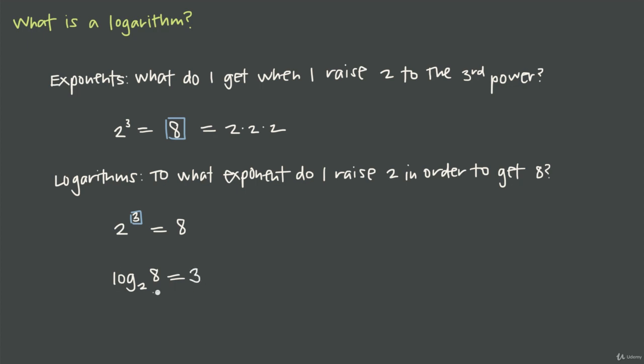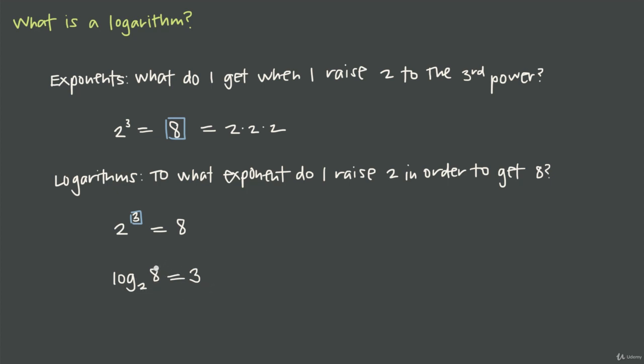So this log equation represents exactly the same thing as this exponential equation, 2 to the third is equal to 8. If we're reading this log equation, it's asking us here on the left-hand side, to what power do I have to raise this base of 2 in order to get a result of 8? And then the answer to that question is 3. In other words, this is saying I have to raise 2 to the third power in order to get a result of 8.